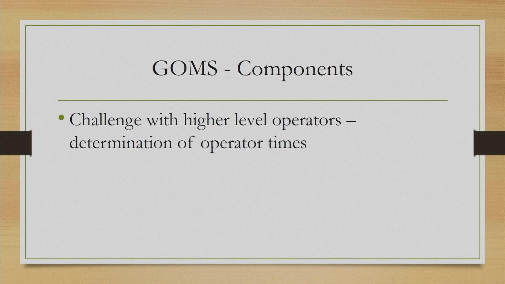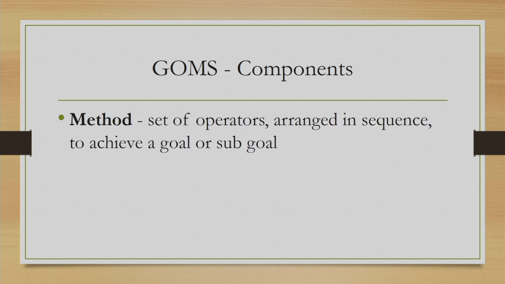But once the time is known, then of course we can use it for modeling activities in similar or other situations. So, the main challenge is to determine the operator times if we are defining our own operators.